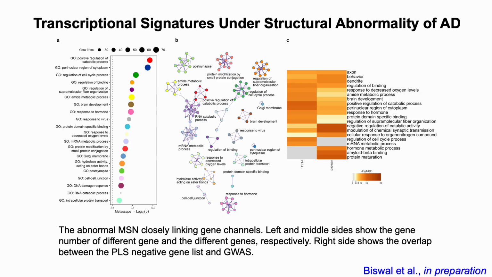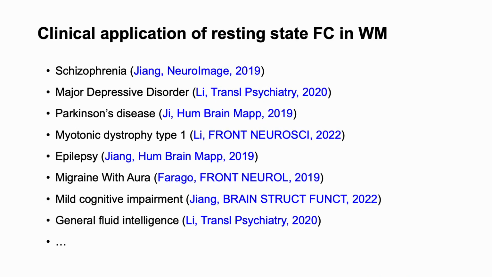And then trying to link it to the different gene profile. So again, these are works in progress, which I'm happy to talk about in more detail if someone has questions. There have been a number of clinical applications which have emerged. I've just listed a few.